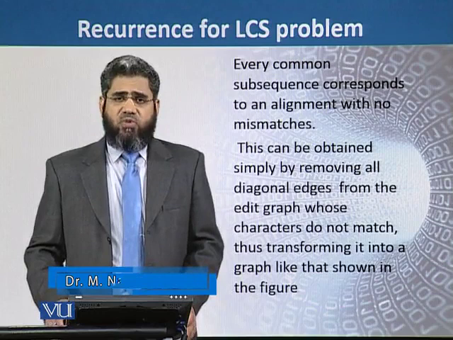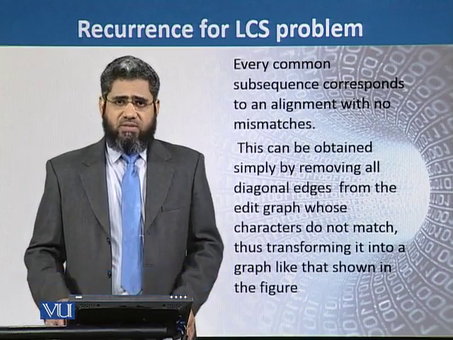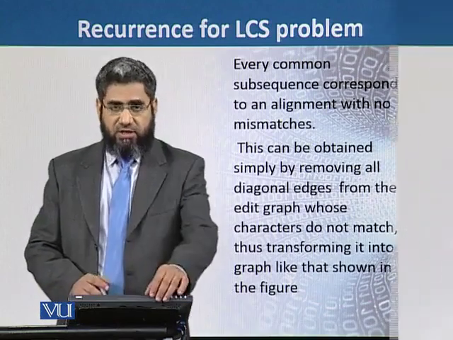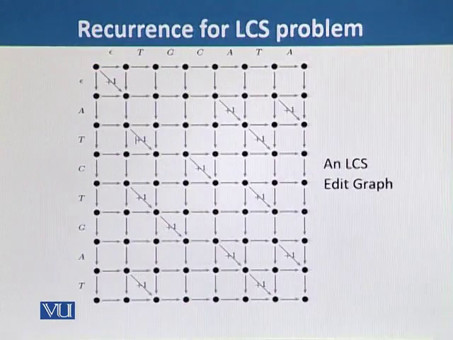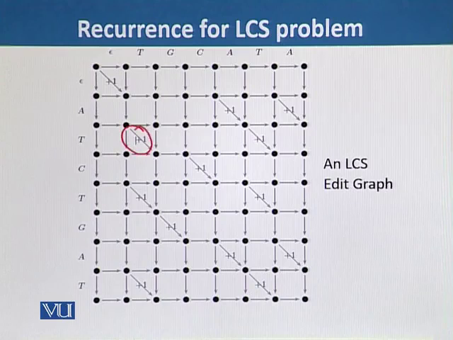And after removing the diagonals, we will get a specific figure that we will see in the next slide. So we will get this type of graph, and we can see that we have retained only those diagonals. For example, if we consider this diagonal, at both positions T is present.